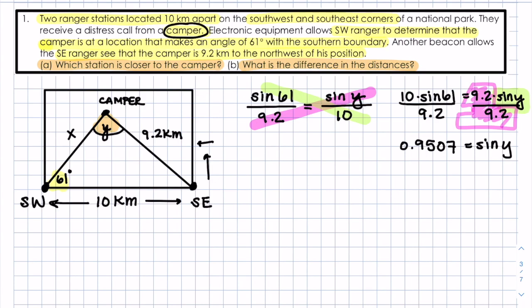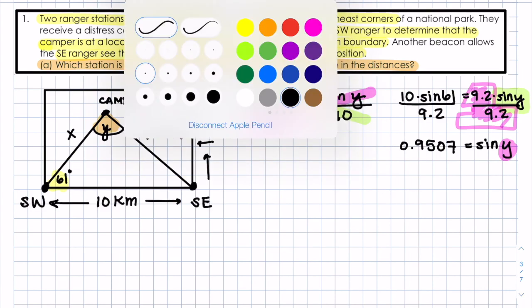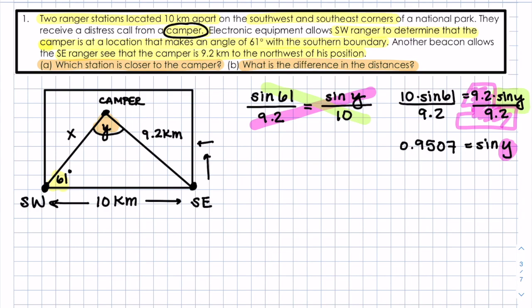And then again, if our goal is to get the y variable alone, we have to get rid of sine. And you should be familiar with this thing called sine inverse. Sine inverse.